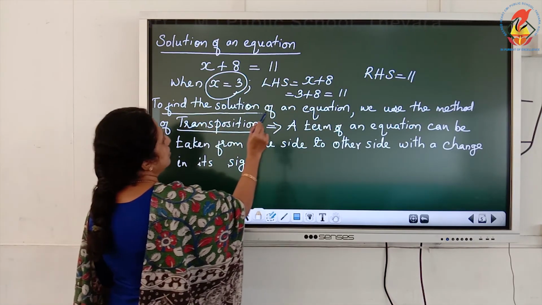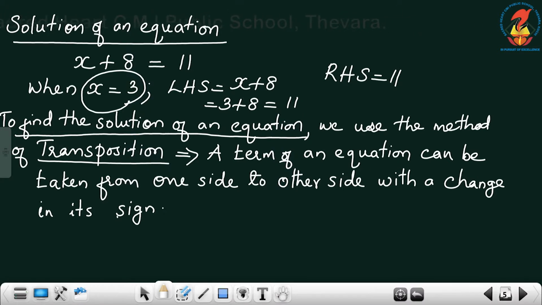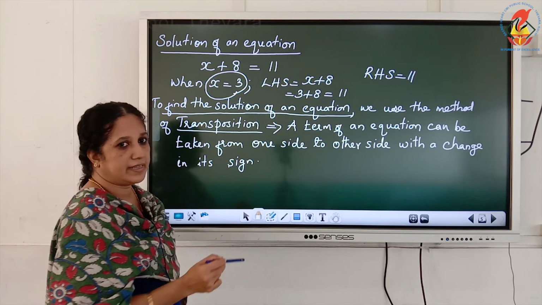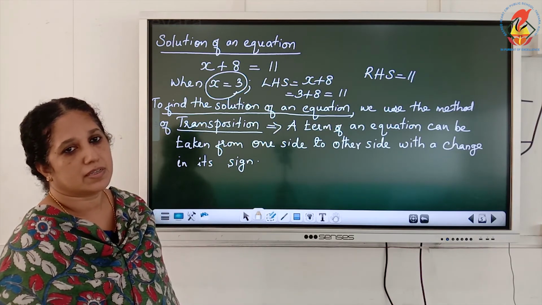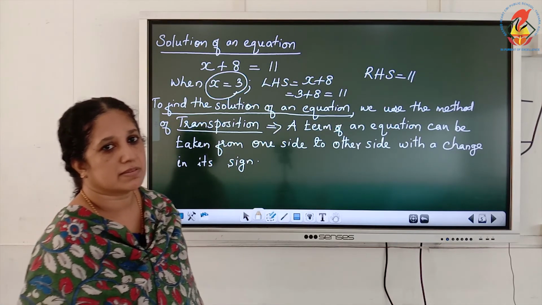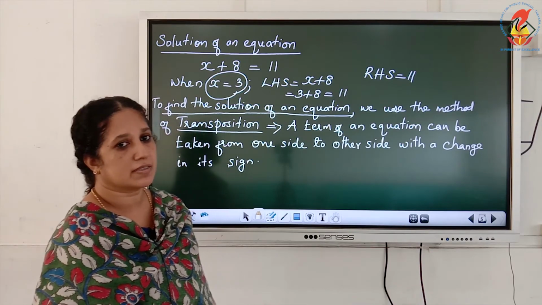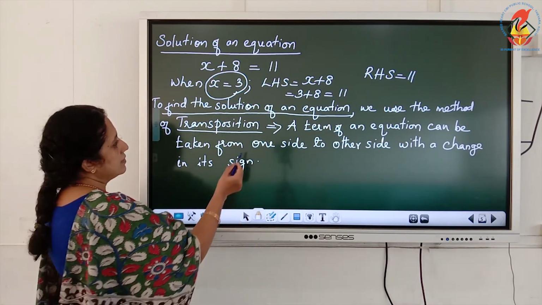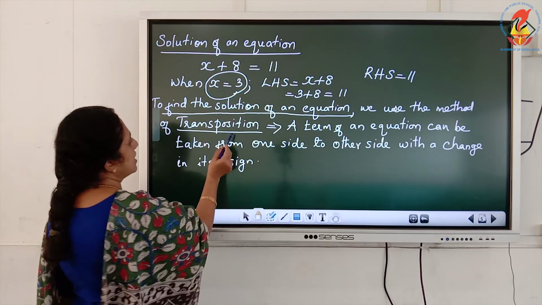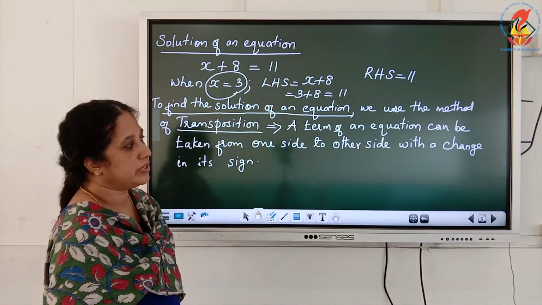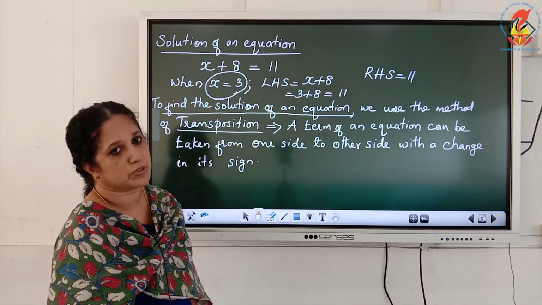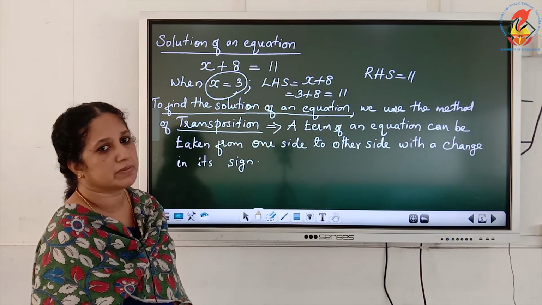Then next, to find the solution of an equation, we have different methods. Trial and error method, adding or subtracting the same number on both sides, then the method of transposition. Here we use the method of transposition. What is meant by the method of transposition?